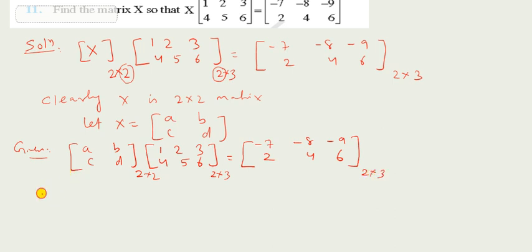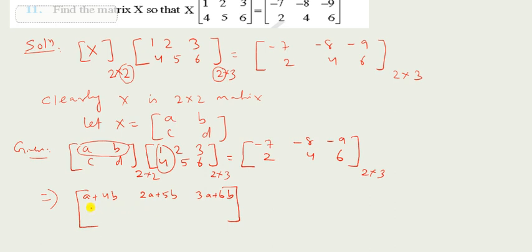So let us multiply. The result will definitely be 2 rows and 3 columns. First row and first column is A plus 4B, first row and second column is 2A plus 5B, first row and third column is 3A plus 6B.